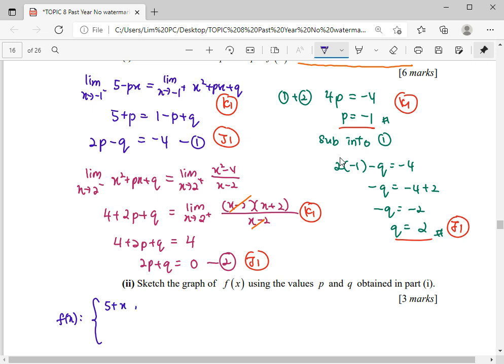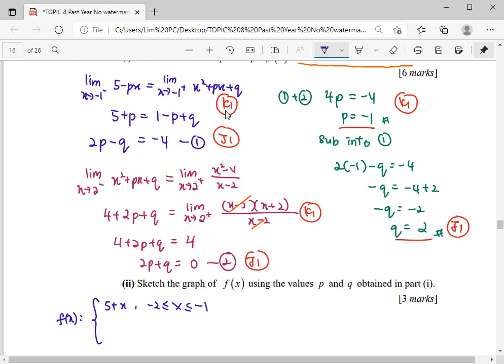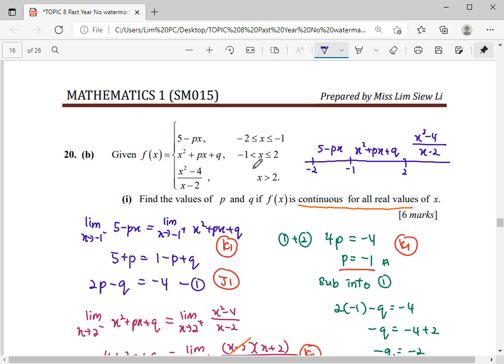This is a linear graph, for negative 2 until negative 1. Then the middle piece here is a quadratic graph, so we put in our negative 1 and 2 here, less than x, less than or equal to.